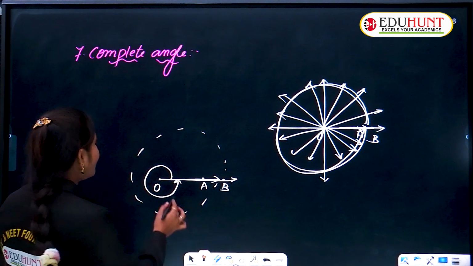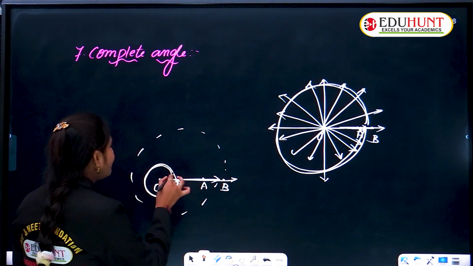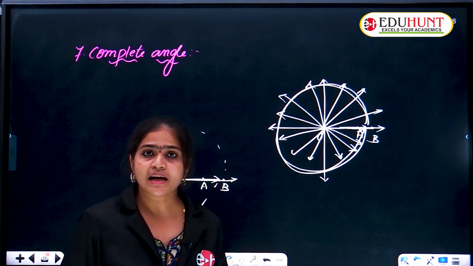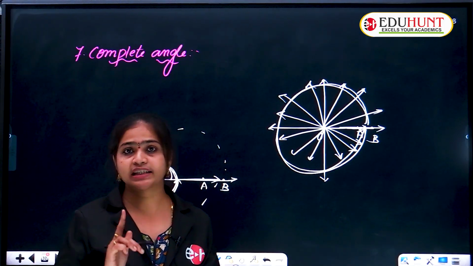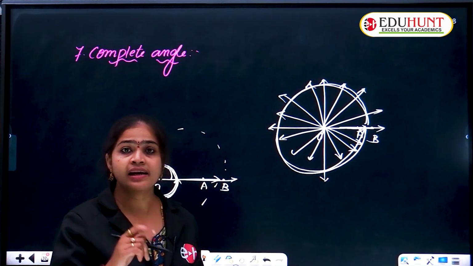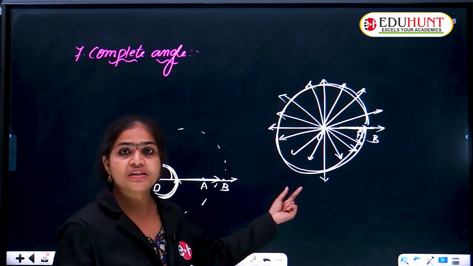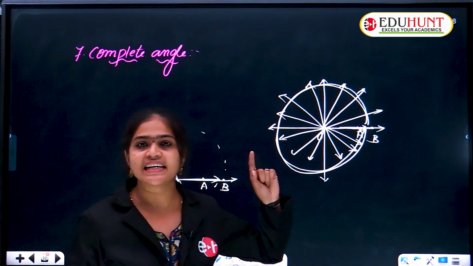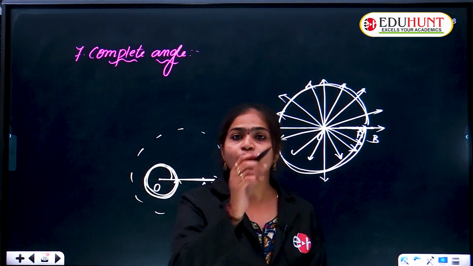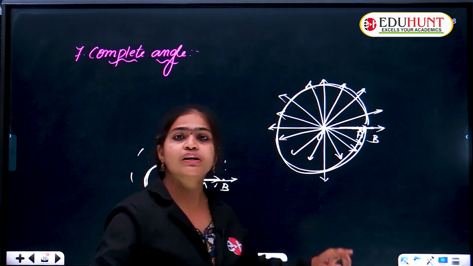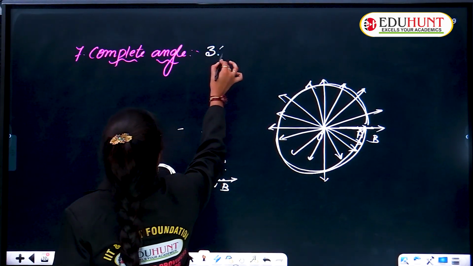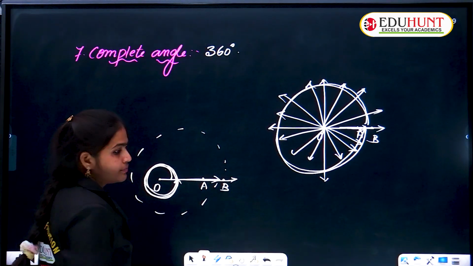Which means one complete rotation is completed. After completion of one rotation, OA again coincides with OB, then it forms an angle of 360 degrees. Since it forms one complete rotation, we call that a complete angle. Then the complete angle measures 360 degrees.